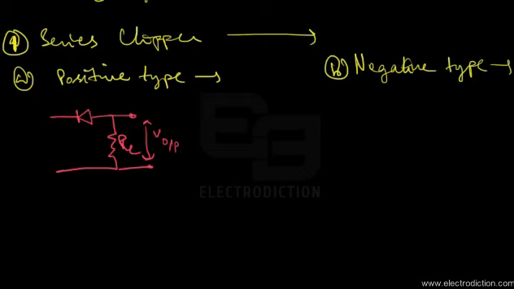Over here we have the input terminals 1 and 2, and these are the output terminals, which we name 3 and 4. This is grounded. This is the circuit of a positive series type clipper, and the negative series type clipper circuit looks somewhat like this.